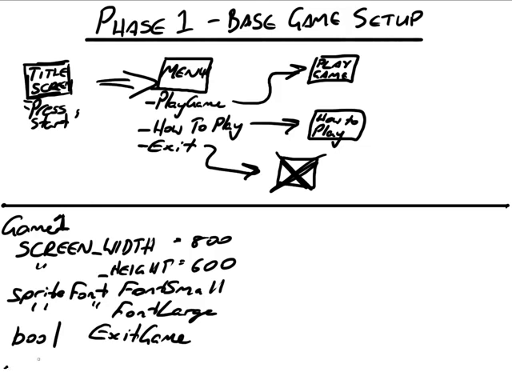The initialize method, I should call it, is going to make the mouse pointer visible. Which is really something for me, not for you. It could be for you as well if you wanted it that way, but so I can actually see where my mouse is pointing at when I'm trying to describe things on the screen. And we're also going to need to give our game a title.